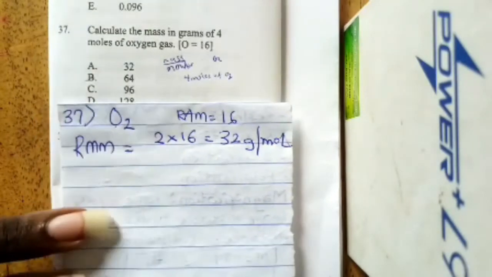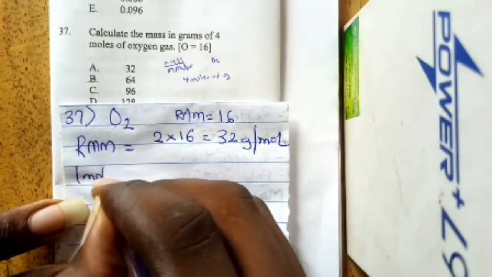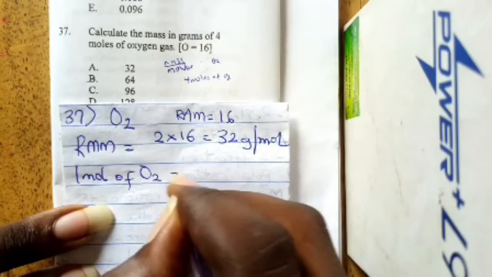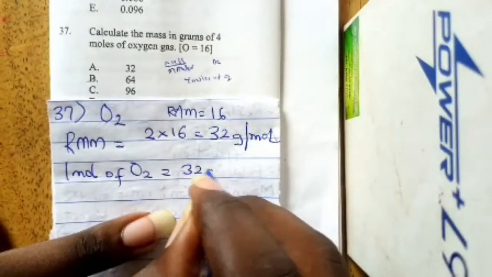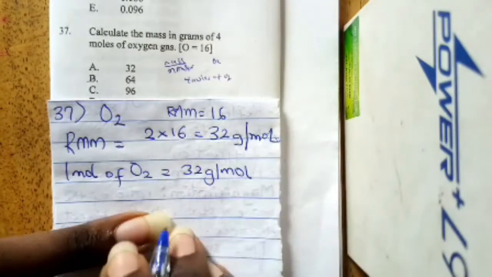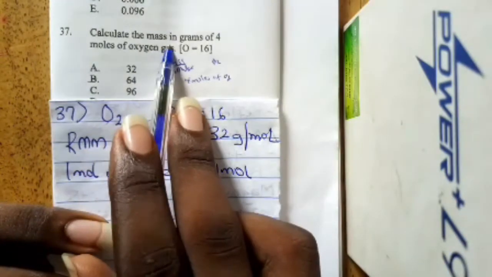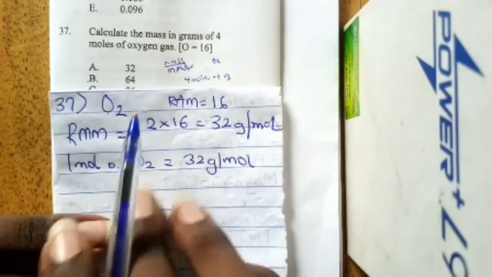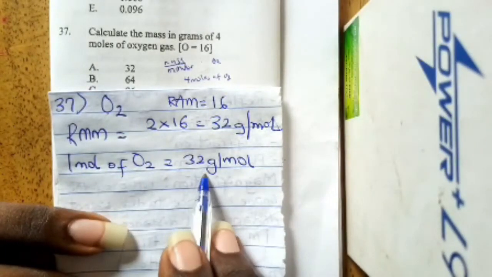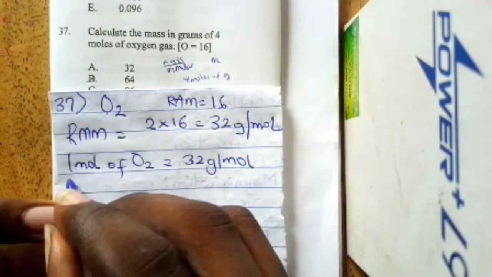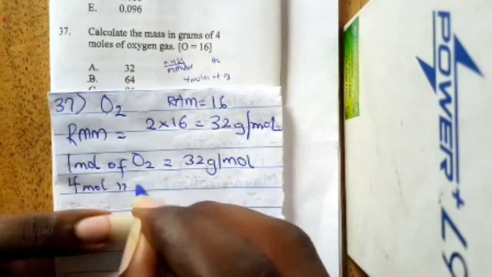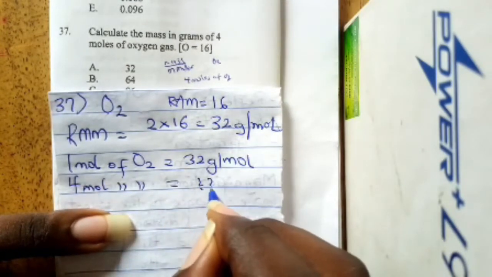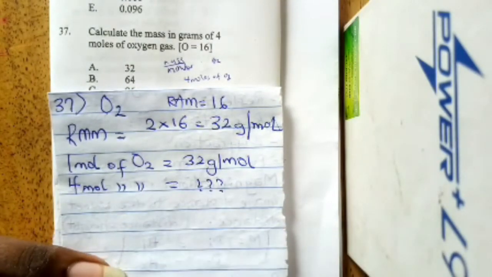So 1 mole of oxygen gas is equal to 32 gram per mole. Now the question says find the mass in grams of 4 moles of oxygen gas. If 1 mole gives us 32 gram, how many grams will 4 moles of oxygen gas give us? There are 2 ways to do it.